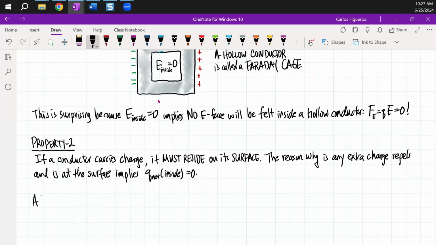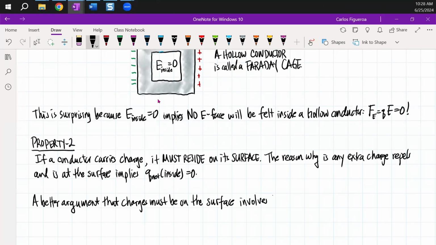So, a better argument that charges must be on the surface involves energy.